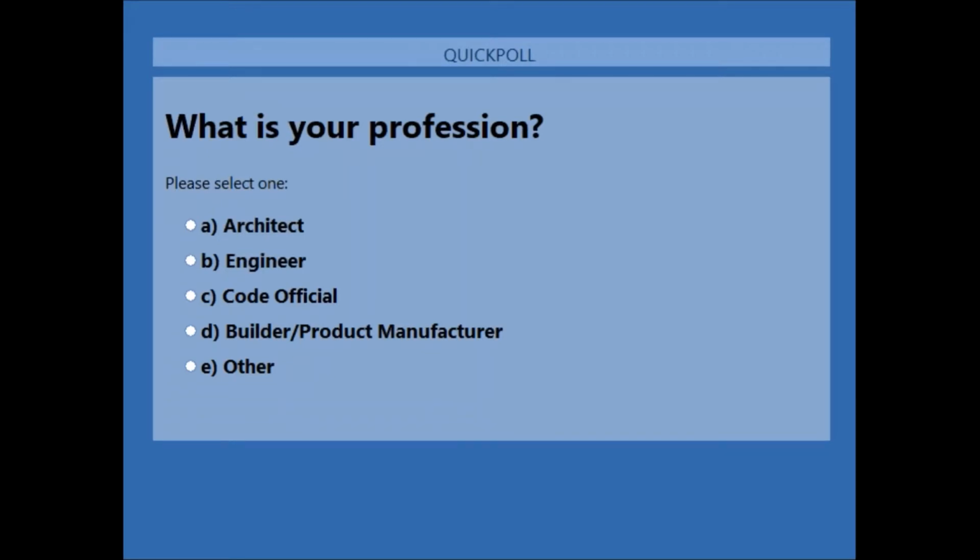So the first one is always easy. Just let us know who you are. Actually, not who you are, but what you do. Go ahead and vote. As always, I give about 30 seconds and or until about 80% have voted.